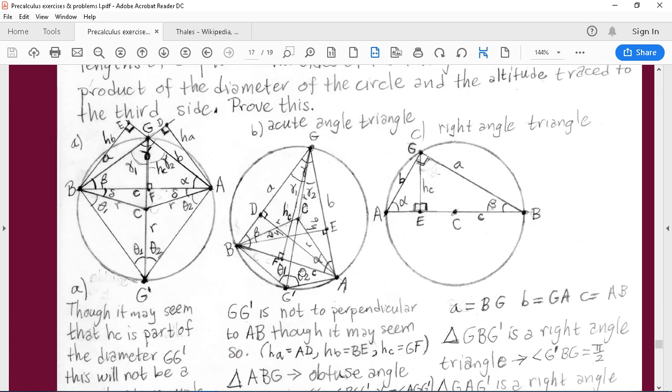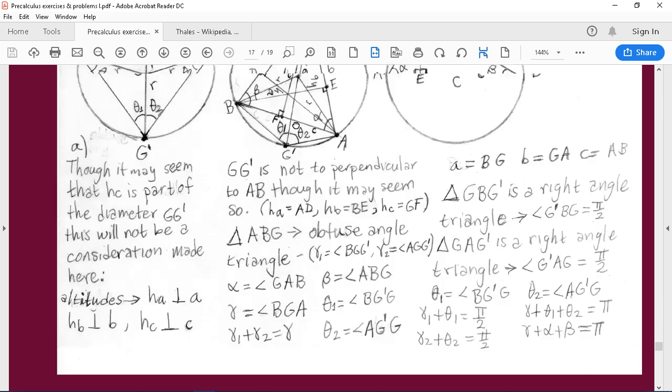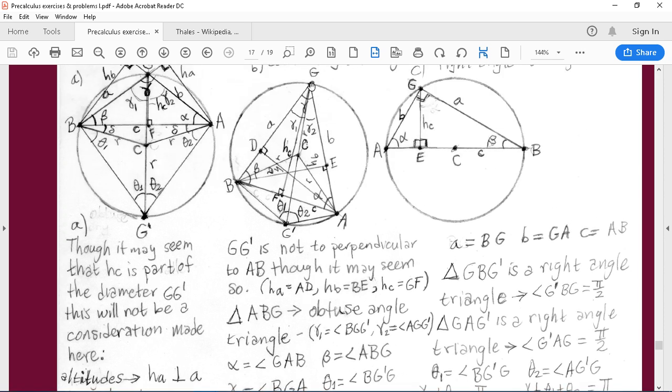And sine of theta 2 equals b over d, which is the diameter of the circle. That d has to be distinguished from this other d, which is a point. Unless I specify to the contrary, the d for this video will be the d corresponding to the diameter, that is, the length of g prime.